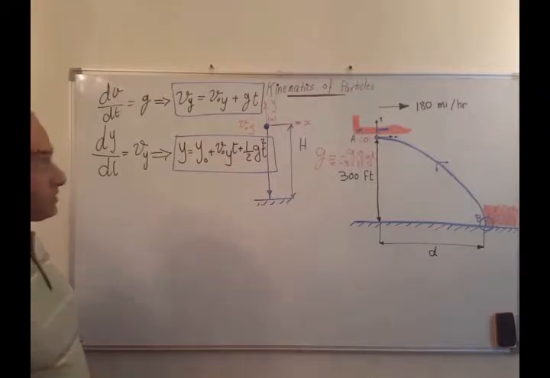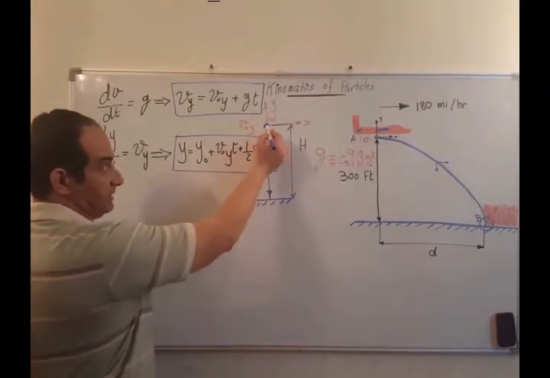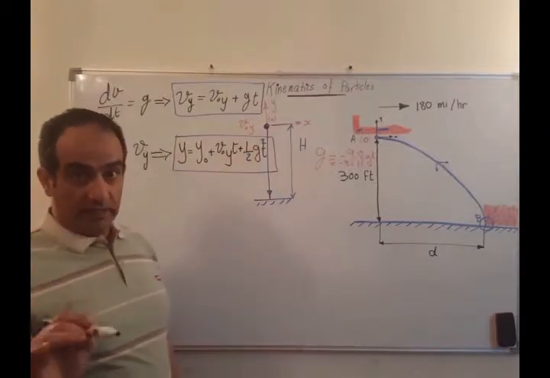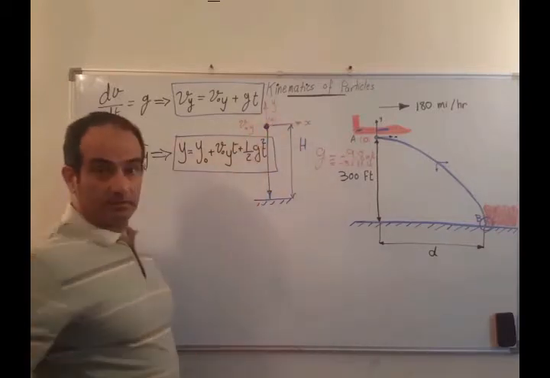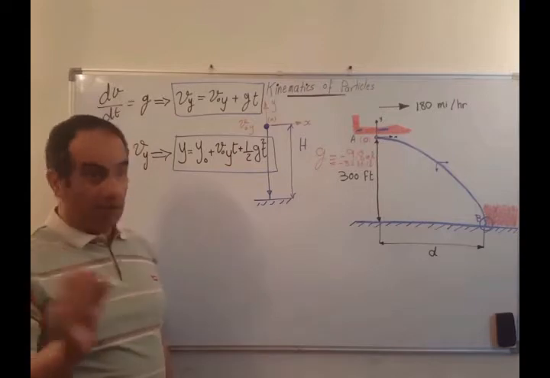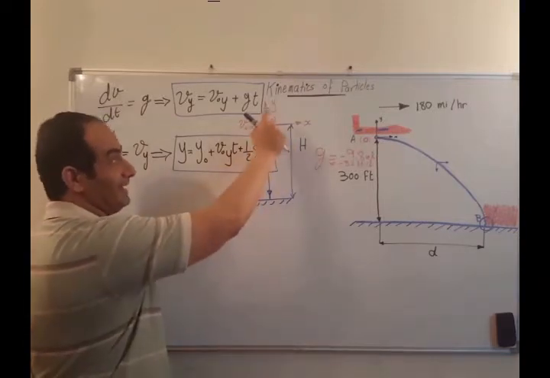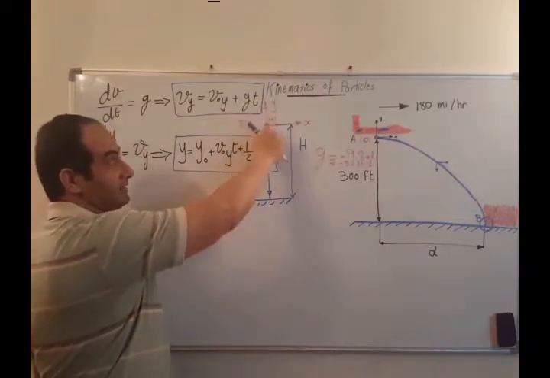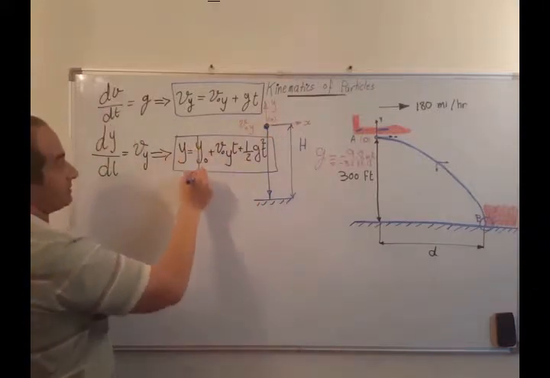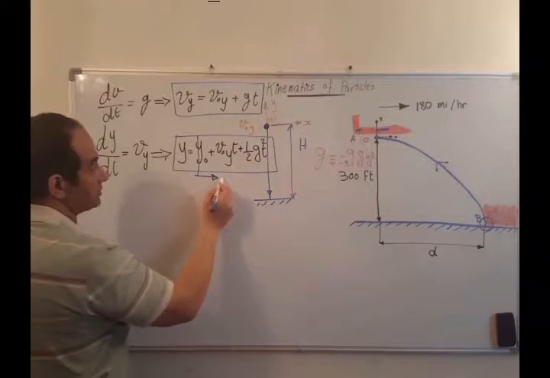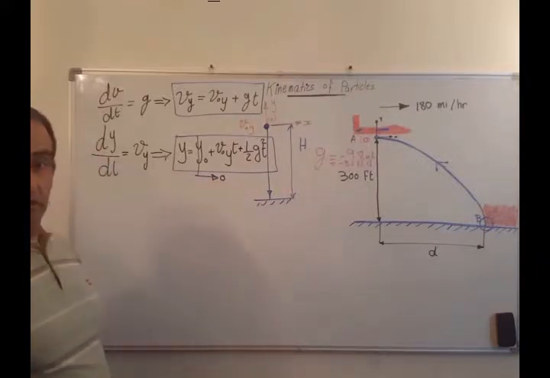As long as our starting point is the origin of the reference coordinate, we can replace this y naught by 0.